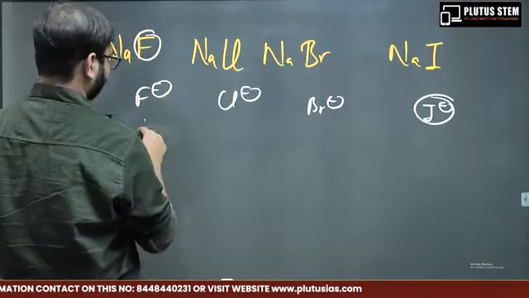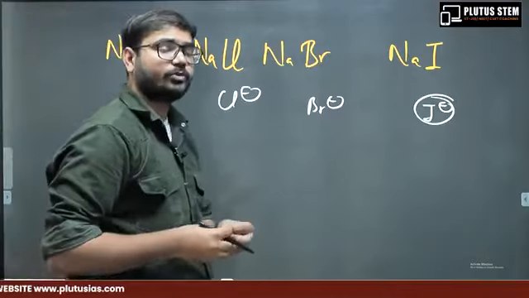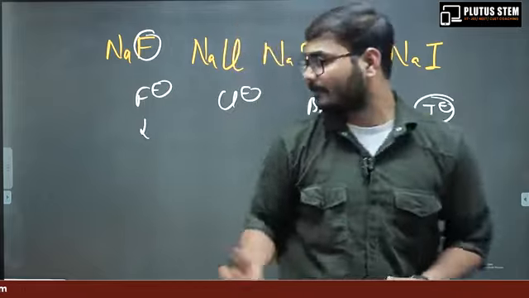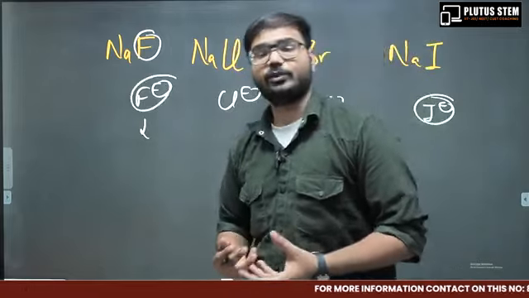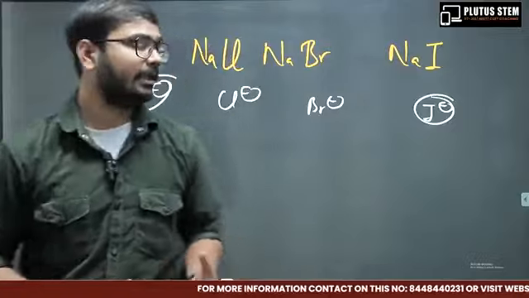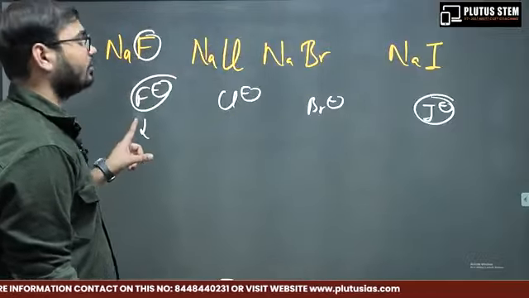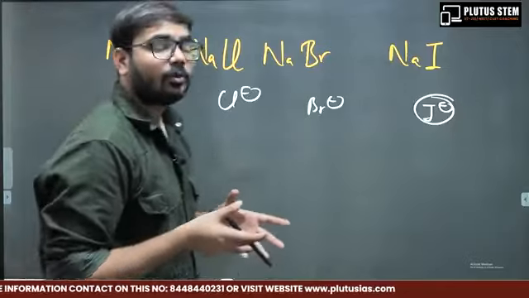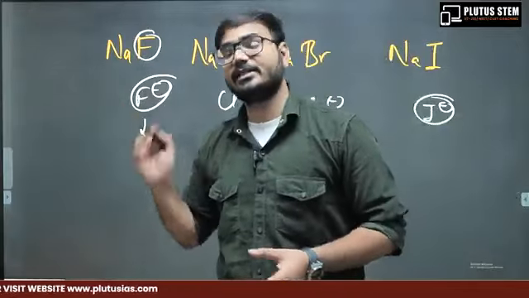In the case of NaF, F minus is one of the smallest anions we have. Because of its very small size, it contains only two shells and has high electronegativity. That means it is most difficult to distort the electron cloud of fluorine, because its smaller size does not permit the sodium atom to pull away its electron density.